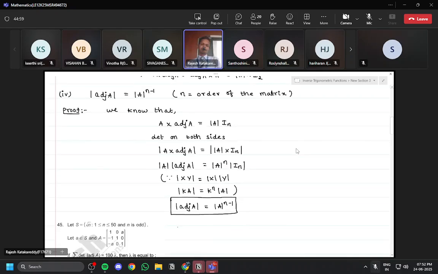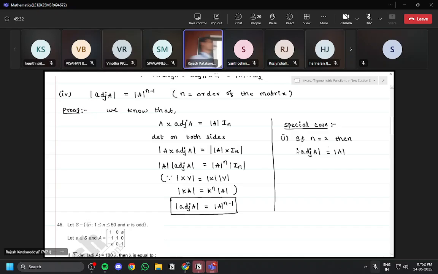The determinant of the identity is 1. If you want, you can add this special case next to this. In 12th grade JEE Mains, most of the time they have given second order. If n is equal to 2, then the determinant of adjoint of A is nothing but the determinant of A itself.